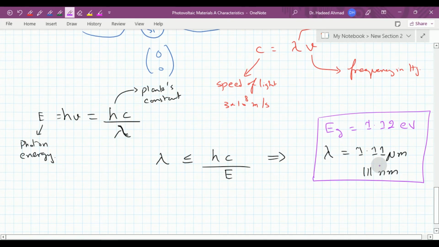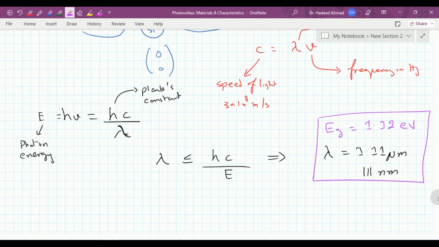But if we go with this lambda value, which is the wavelength of the incident light, it would be easier for us to relate the theory with the amount of solar spectrum that we receive on our planet Earth. So for silicon, any photon with lambda less than 1.11 micrometer shall have enough energy to excite an electron.